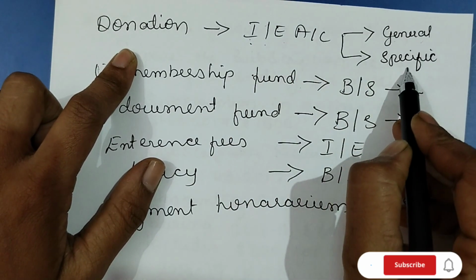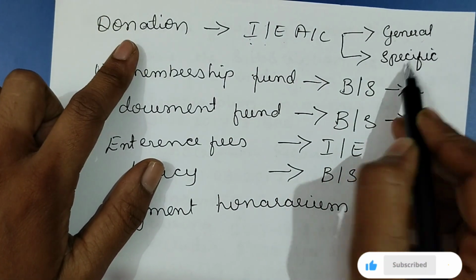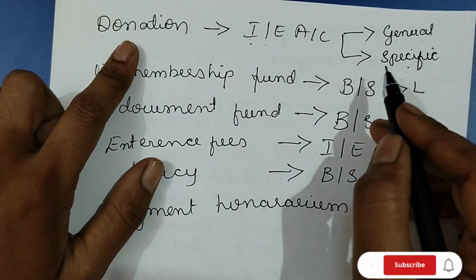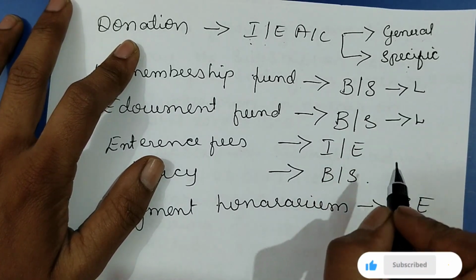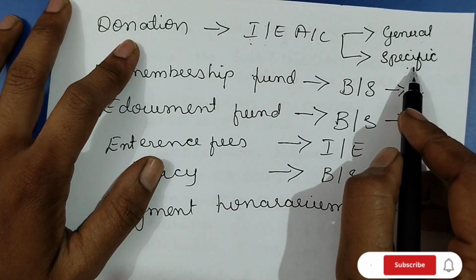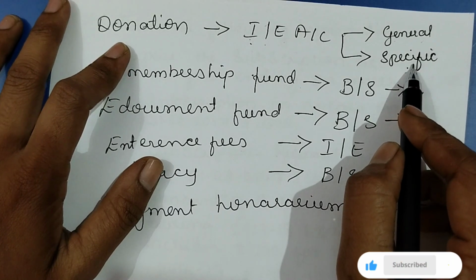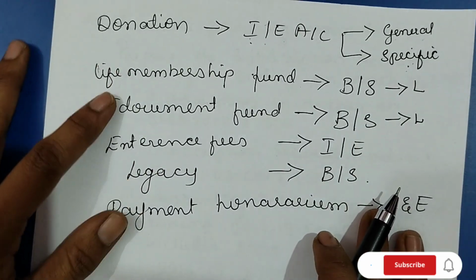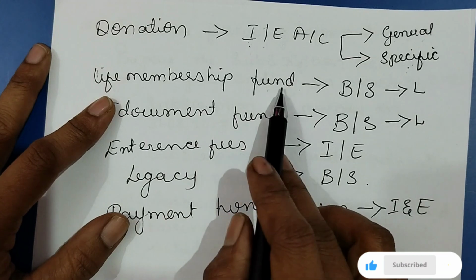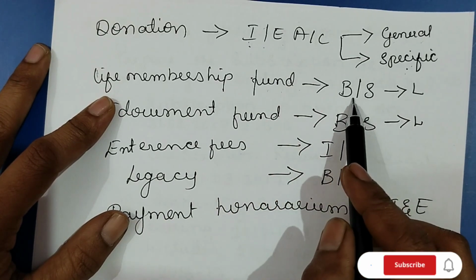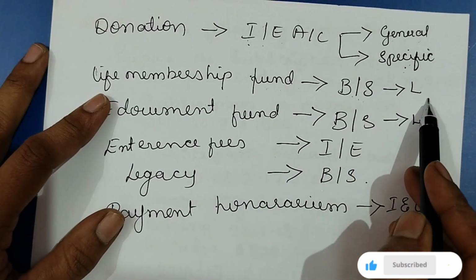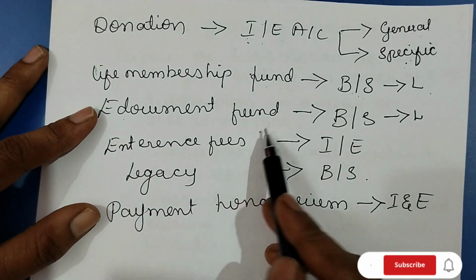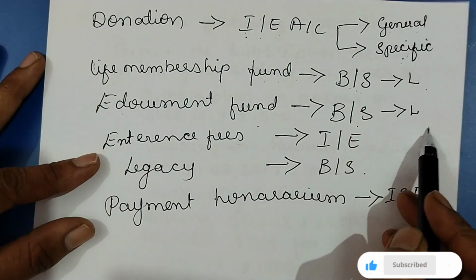When a specific purpose is mentioned, the donation should be capitalized. So when a specific reason is given, we need to record this under the balance sheet liability side. Life membership fund is a capital, so we record it under the balance sheet liability side. Endowment fund is also under the balance sheet liability side.